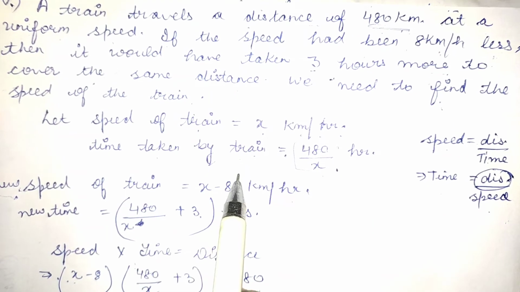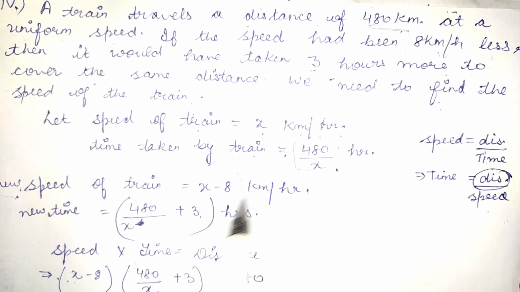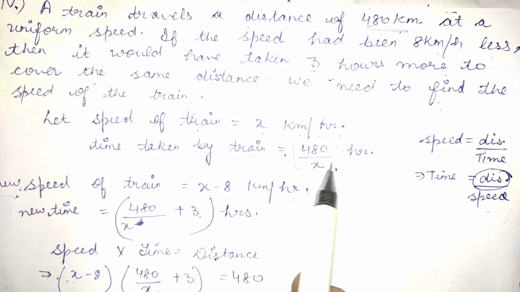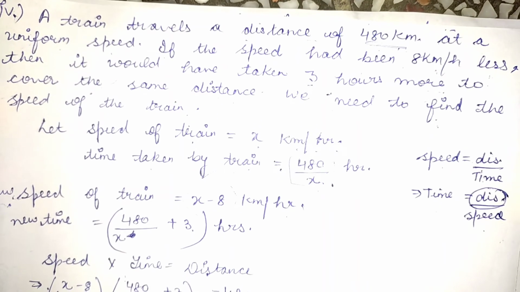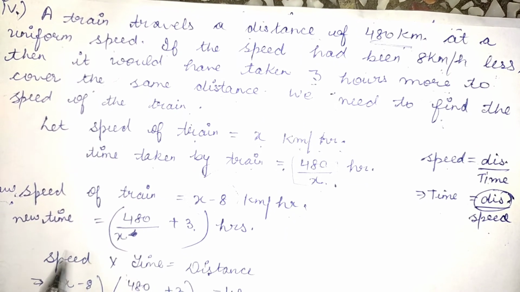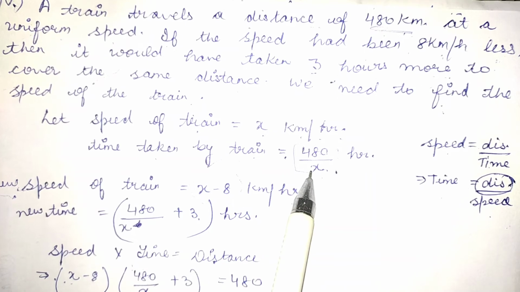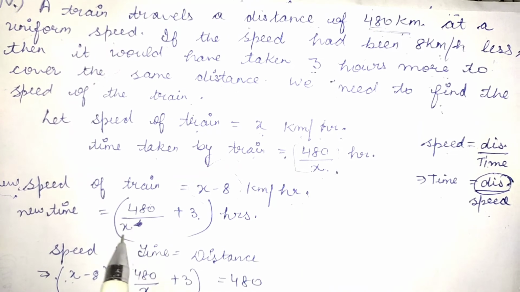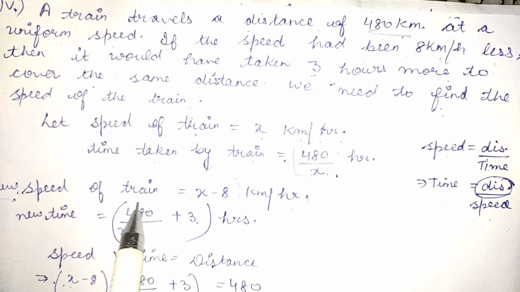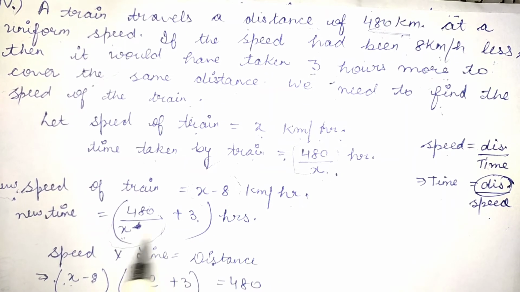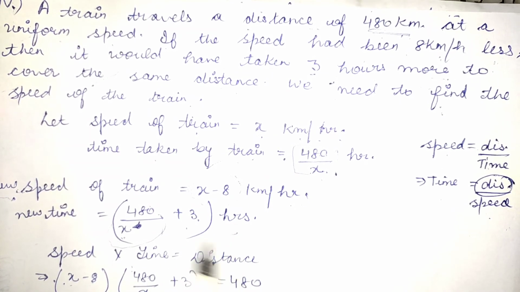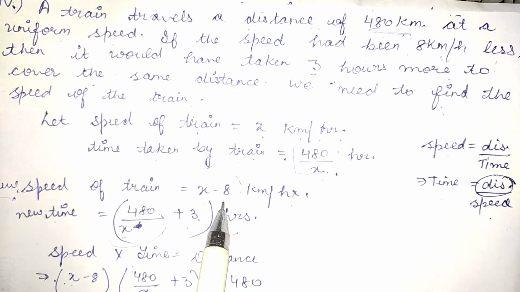That means if now this is the speed, then the time taken will be 3 hours more than earlier. Earlier the time taken was 480 by x. Now according to the statement, 3 hours more than this time. So 480 by x plus 3 will be the new time with the new speed.